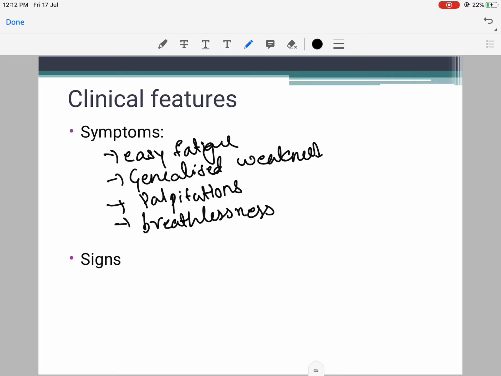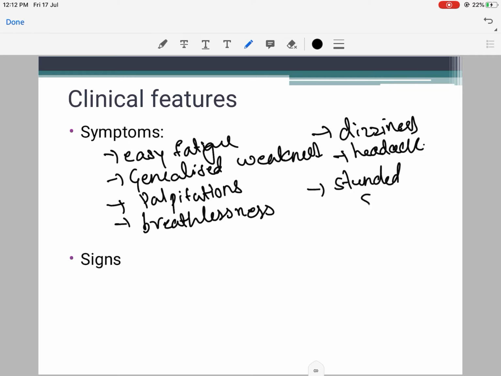Because the oxygen supply to the brain is reduced, it may manifest as dizziness, headache, etc. Another important symptom seen in children is stunted growth. About 46% of the Indian population has stunted growth because of iron deficiency. Rapid hair loss is a common feature in females.